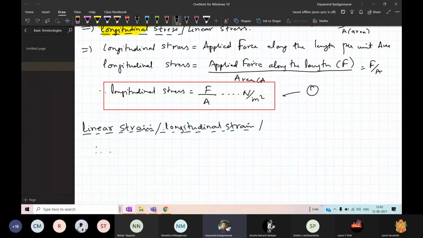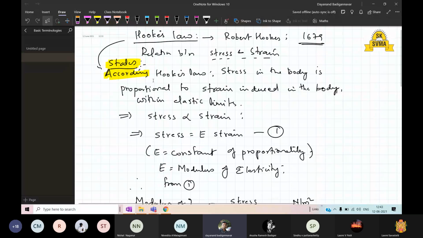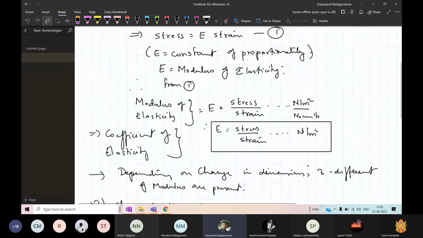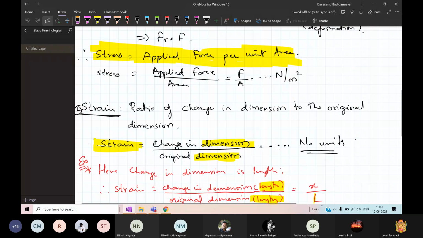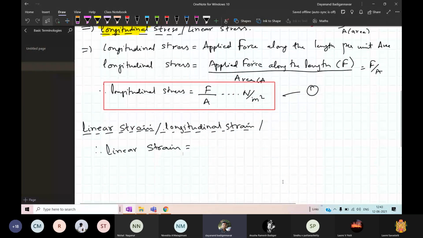So how do you define linear strain? What is the meaning of strain? Strain is nothing but the ratio of change in dimension to the original dimension. You have learned it here. What is strain? It is nothing but the ratio of change in dimension to the original dimension.